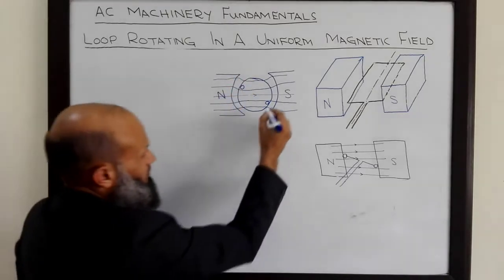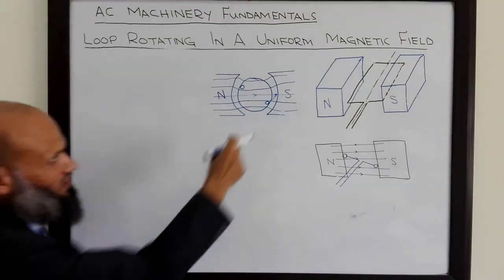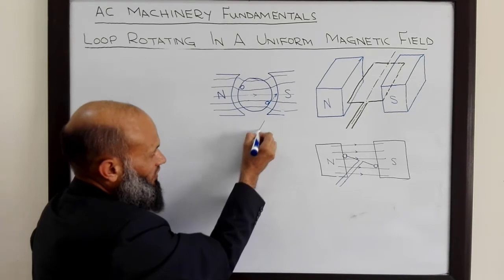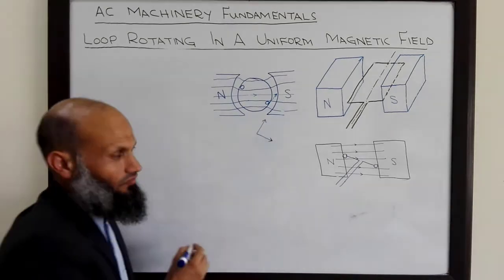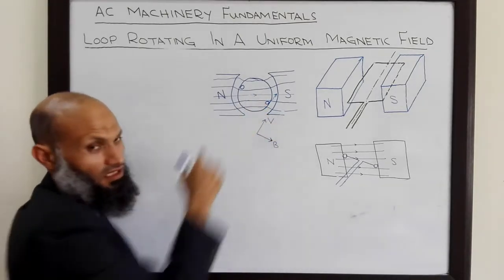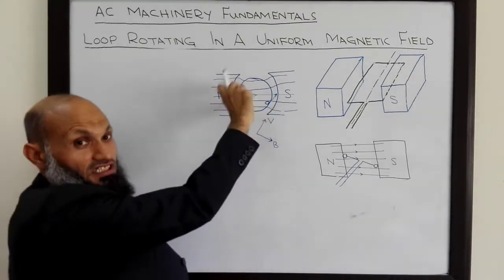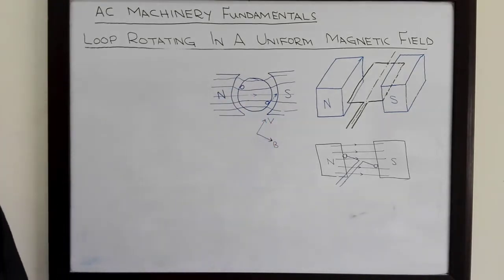That is, when we had this linear velocity of the conductor, the flux lines were always perpendicular to the velocity. This was the flux density, and this was the velocity of the conductor. So at each time instant, the velocity and the flux density vector were always perpendicular.